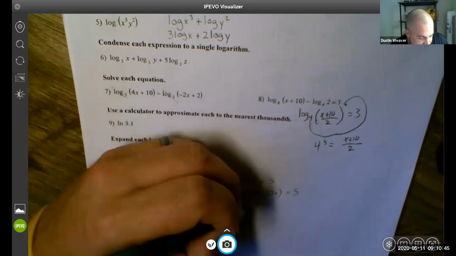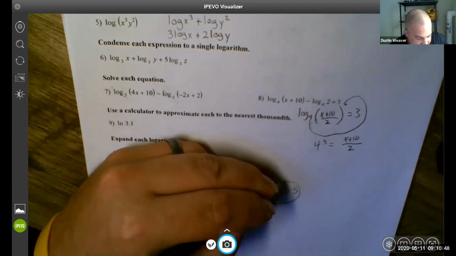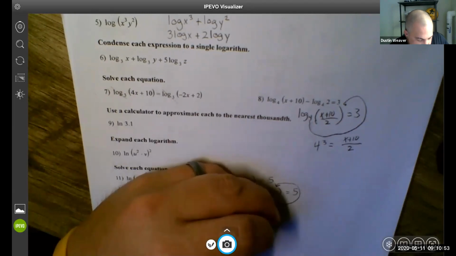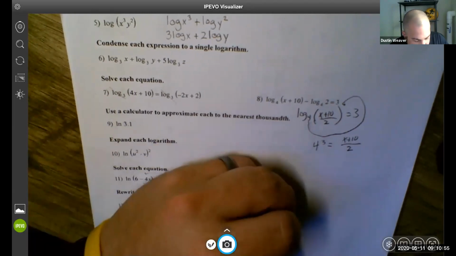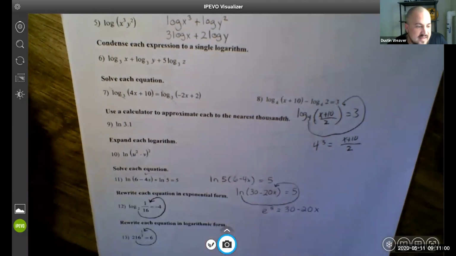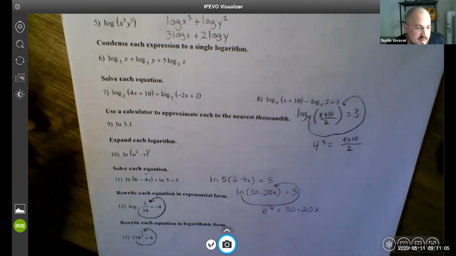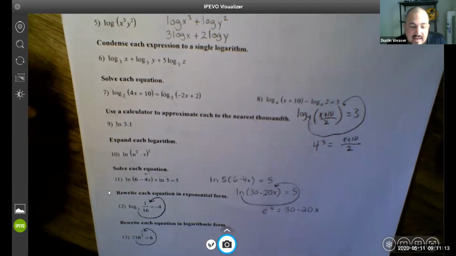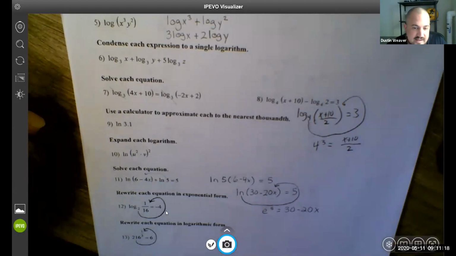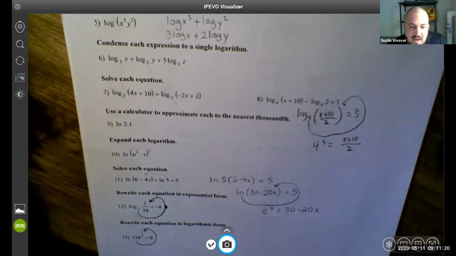Okay, so I've got it simplified as far as I can go at this point, and now I'm going to do the swoosh method. And when I do the swoosh method with an ln, it just changes it to e. So e to the 5th power equals 30 minus 20x. And then I have to go to my calculator and say, what is e to the 5th power? Okay, and e to the 5th power, in your calculator, you're going to hit second ln, and we're going to get the e button, and we're going to take it to the 5th power.